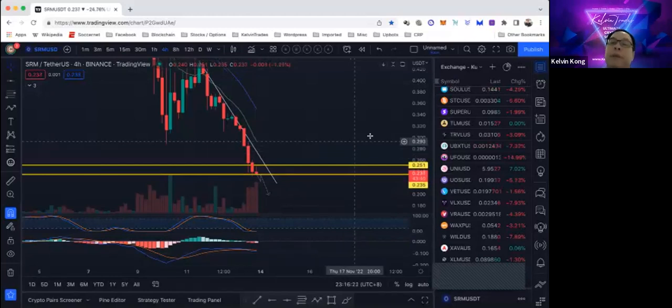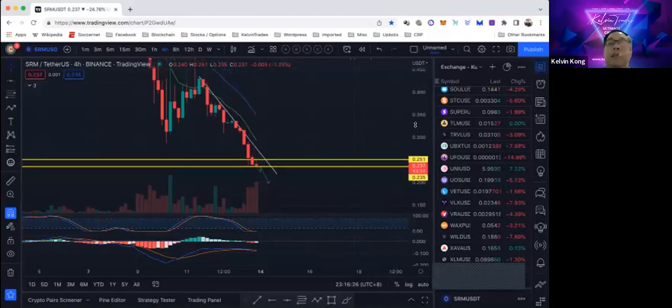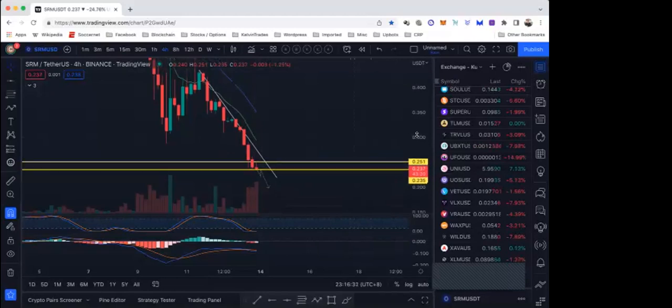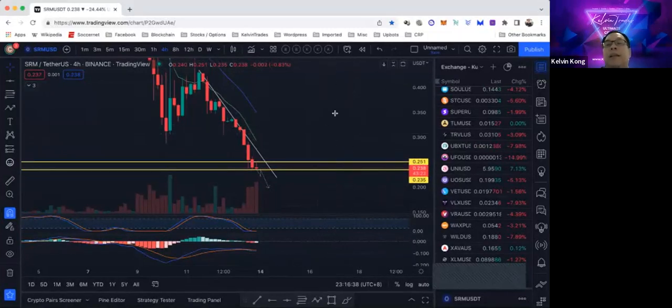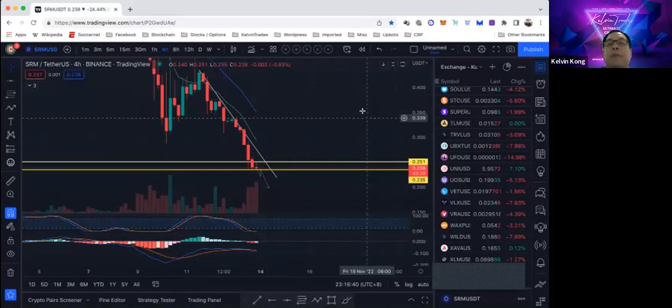That's the maximum you can make for shorting, because the lowest the price can go is zero. It's not infinity. Longing is different, longing is infinity. The price can go as high as God knows where. So there's a limit to how much you can make if you're shorting, and that is 99.99%.